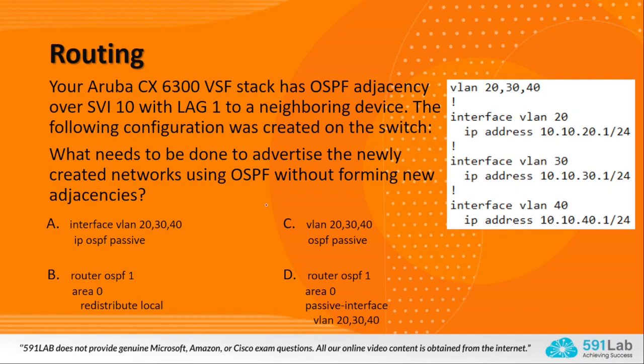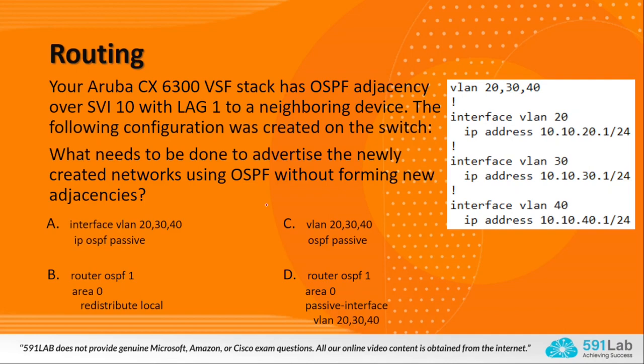So commands are correct. So this looks correct. Option B, router OSPF 1 area 0 and redistribute local. This shows redistributing local subnets, but there's no such local option in the redistribute command. Redistribute connected and local loopback options are available, but not local.